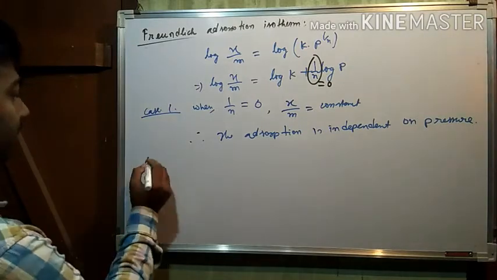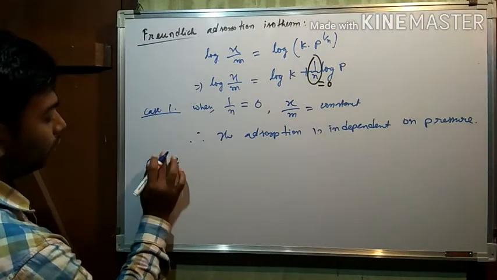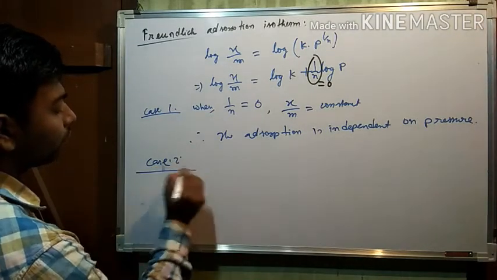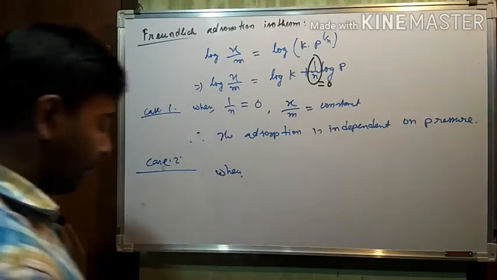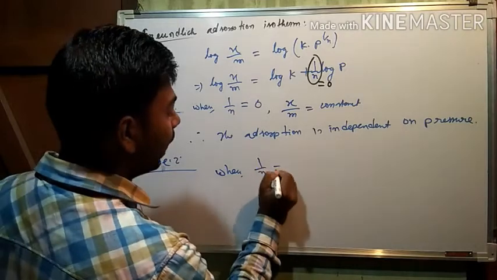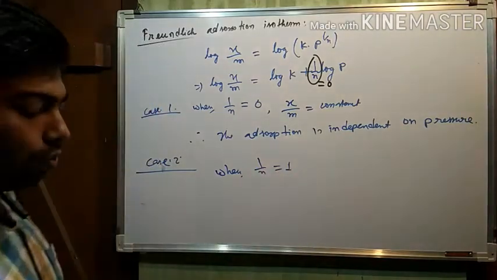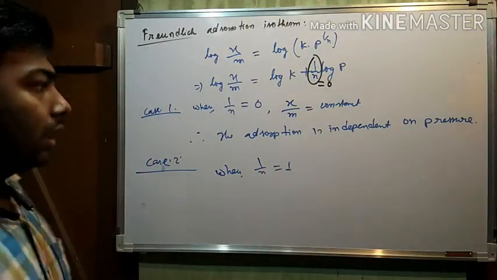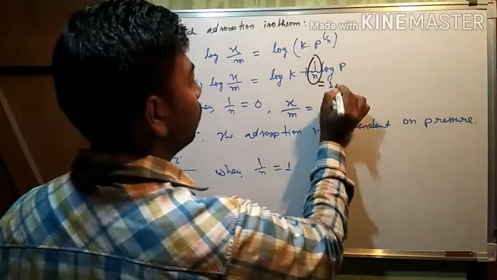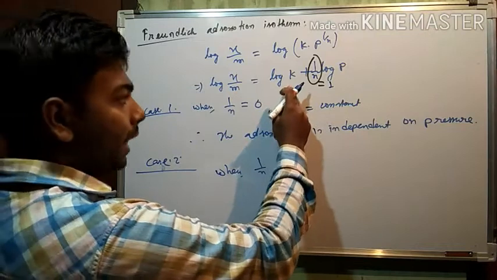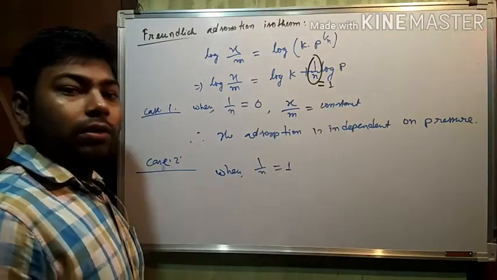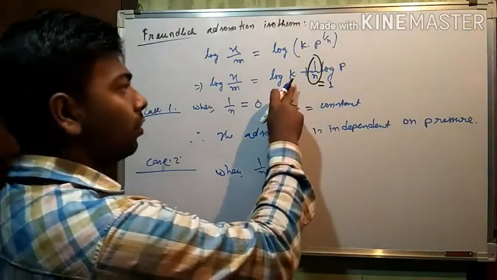Next, second case. Case 2. When 1 by n becomes 1, then this term is now 0. Then obviously this one equal to log k plus log of p, no? From that, as you know, k is a constant.